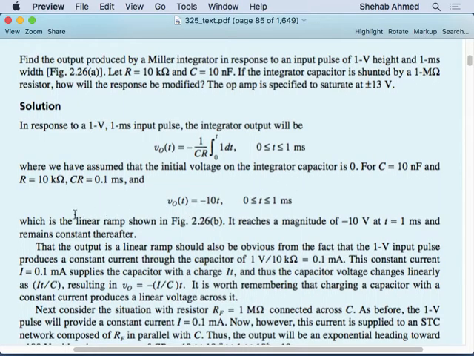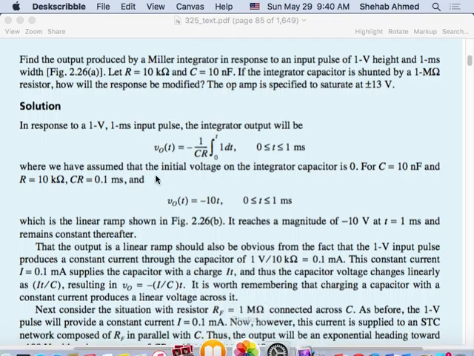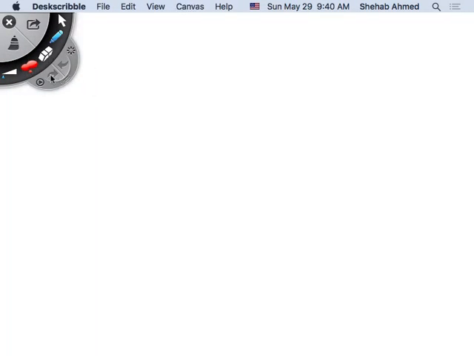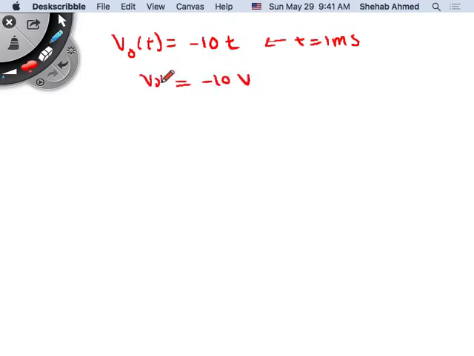So if you plug in here, it reaches a magnitude of minus 10 volts at T equals 1 millisecond. So then they plug in the equation: V output is equal to minus 10 times T. When they substituted T equals 1 millisecond, they calculated that the output is equal to minus 10 volts.